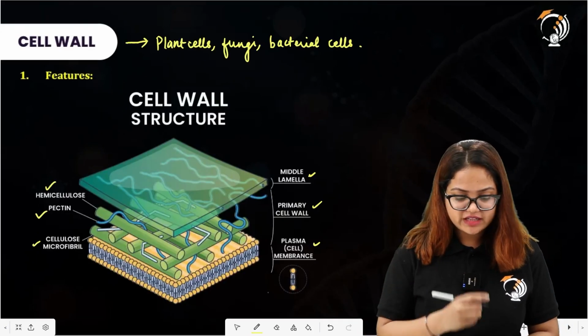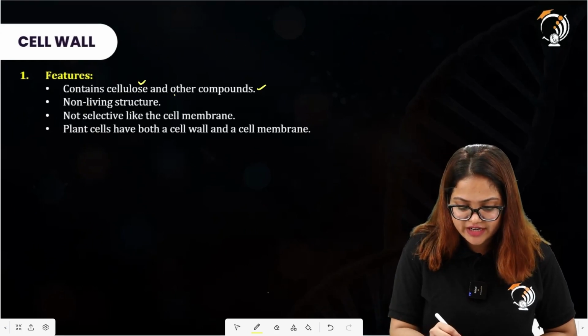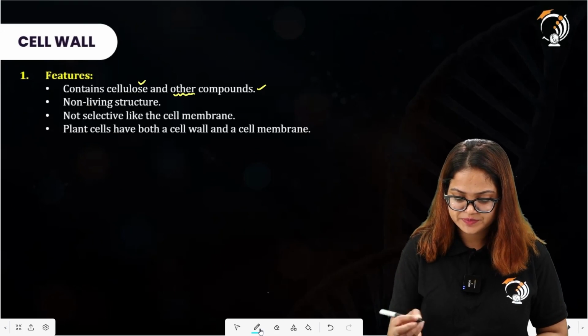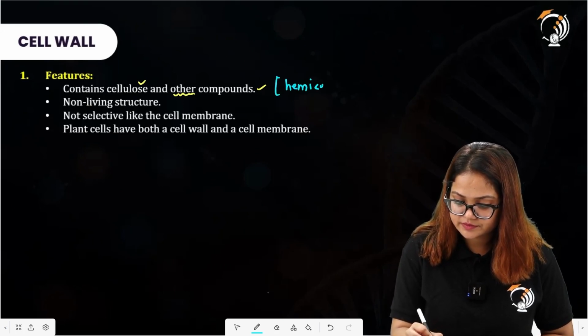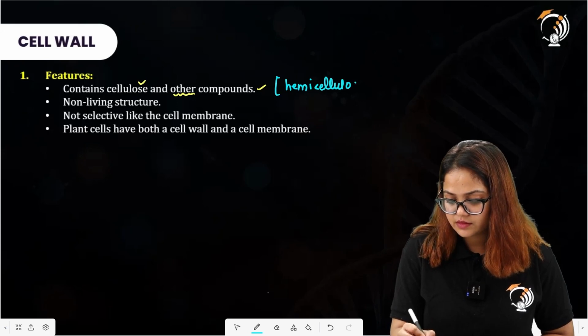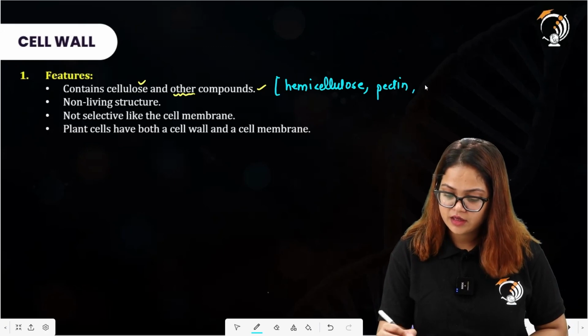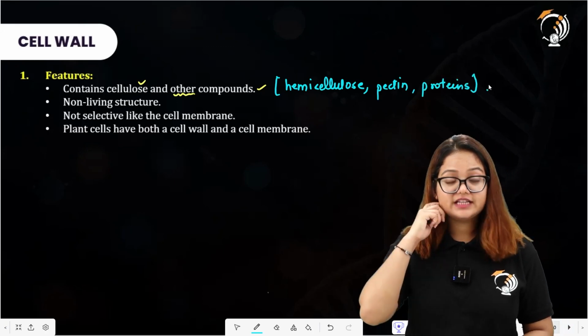We have just found out that hemicellulose is there, pectin is there, protein is there. So we will write the other compounds as well: hemicellulose, pectin, proteins as well.